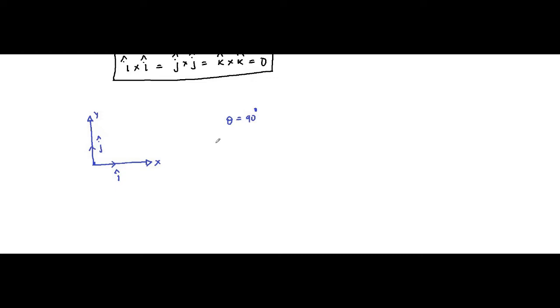So as per the definition of the cross product, i cap cross j cap will be magnitude i cap, magnitude j cap, sine 90 degrees, which is equal to 1 into 1 into 1. The magnitude will be 1, and the direction has to be perpendicular to the xy plane.